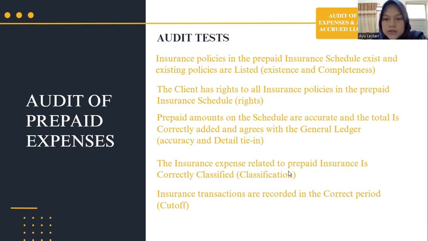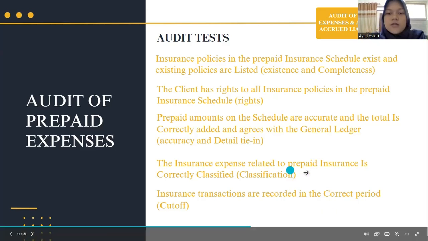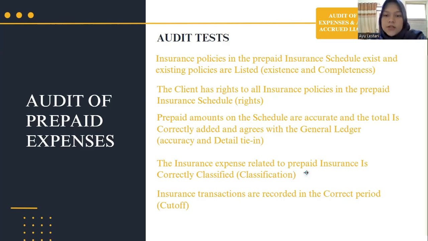Next test: the insurance expense related to prepaid insurance is correctly classified. This is the classification test. In the test, the correct classification of debits to different insurance expense accounts should be reviewed as a test of the income statement.